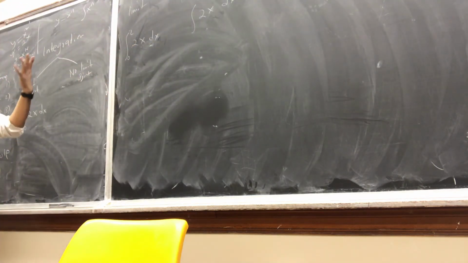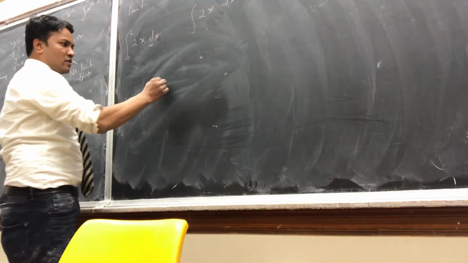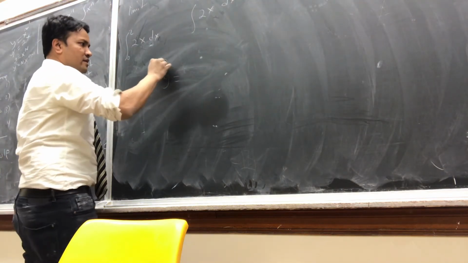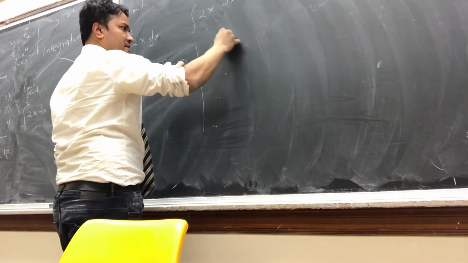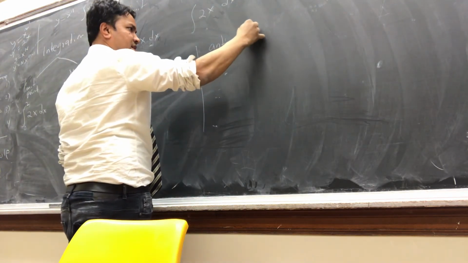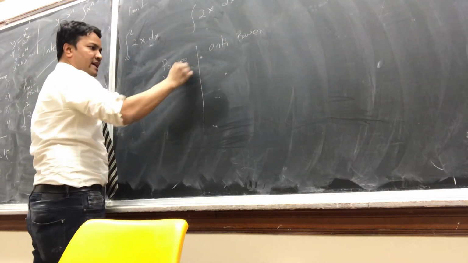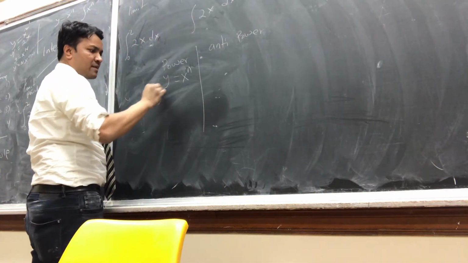But before we do this one, the power rule, as you said, this is the power and this is the anti-power. So power, you told me x raised to n, y prime is equal to?